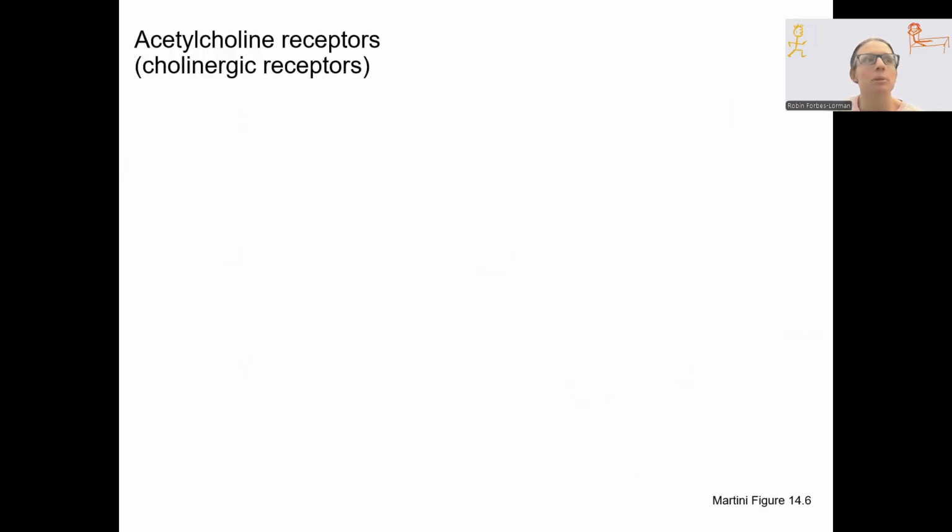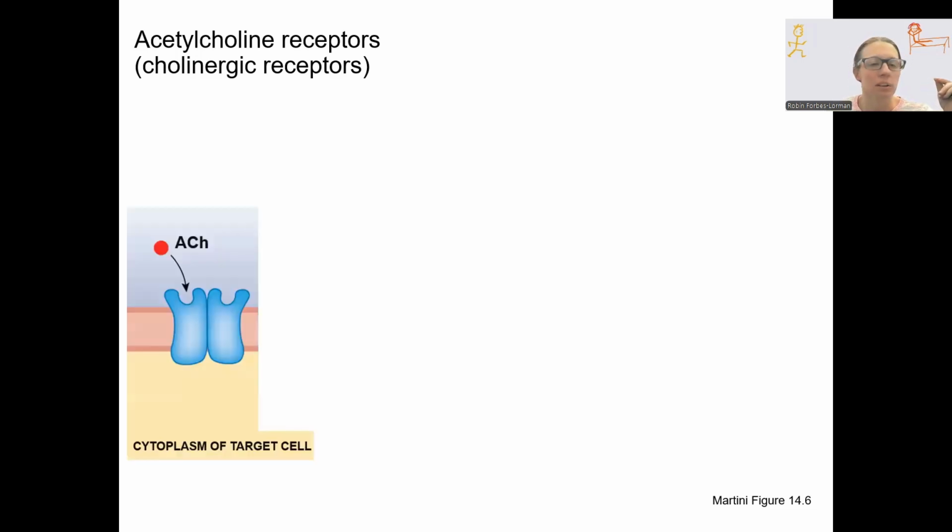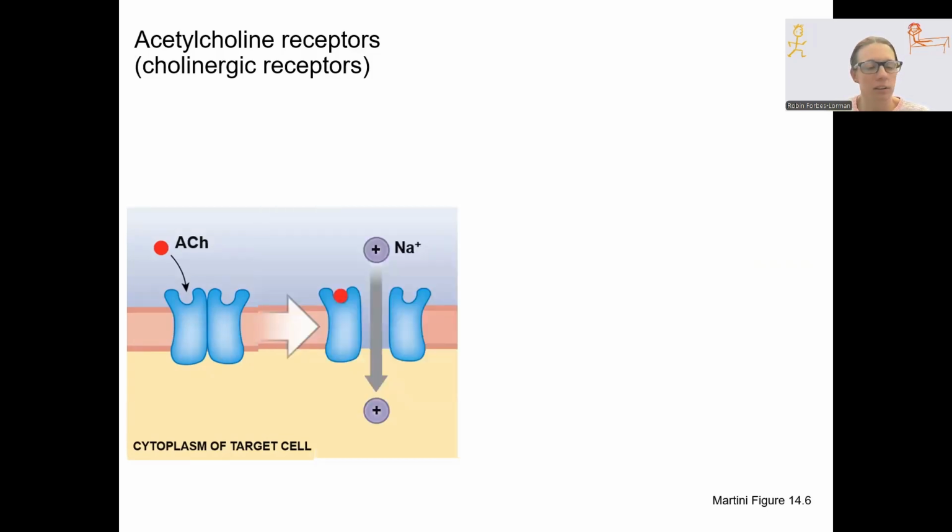Okay, so let's start with a little bit more detail of the acetylcholine receptors, which are also called cholinergic. So here's the schematic of the first type. This type is our, what do you think?